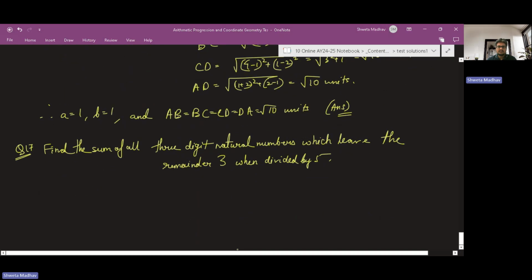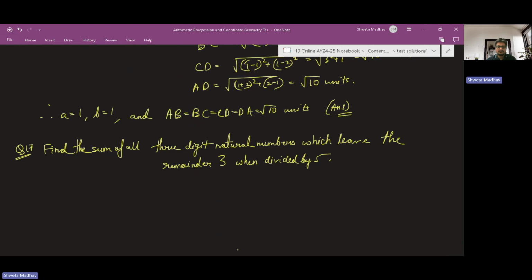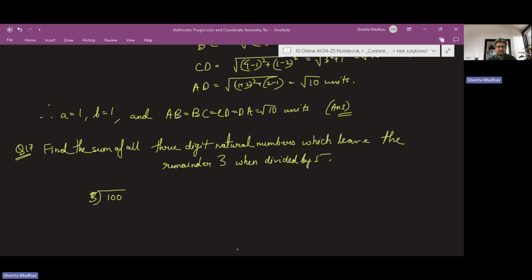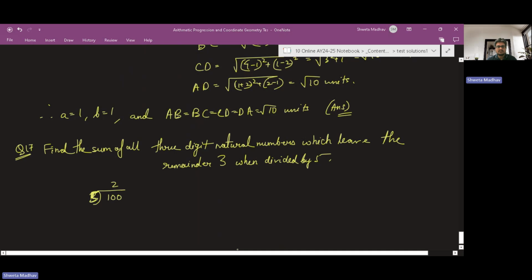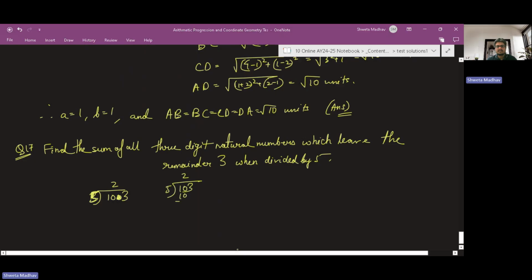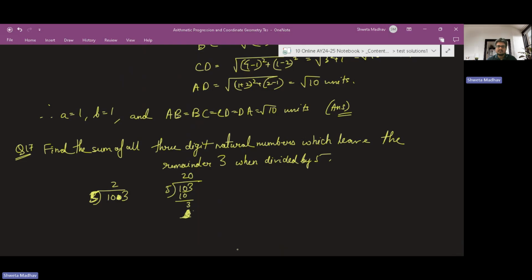So first we have to find the first term. When 100 is divided by 5, the remainder should be 3. So if you take 103, it will leave the remainder 3: 103 divided by 5, 5 twos are 10, then 3, so the remainder is 3.